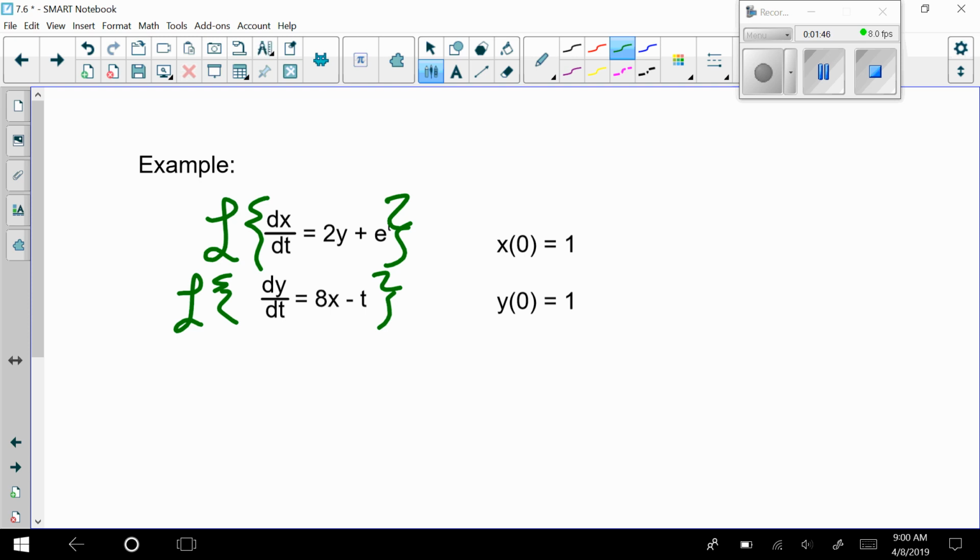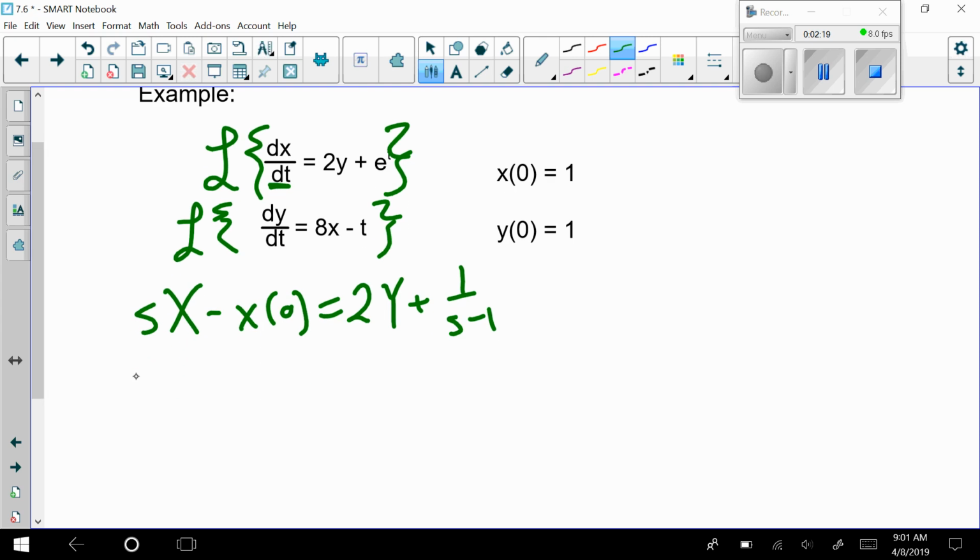If I do the top one here, the Laplace transform of my dx/dt, well, that is sX minus x of 0, equals 2Y, and then plus e to the t, well, that's 1 over s minus 1, using the Laplace transformation.